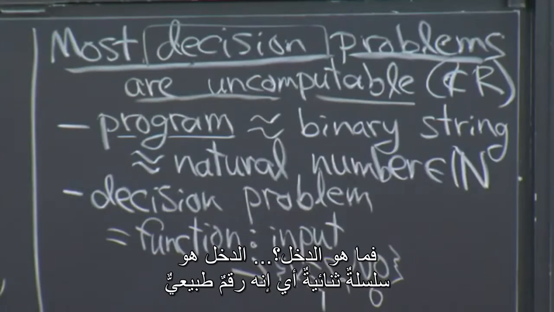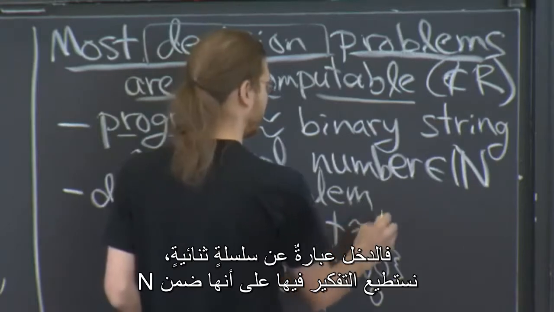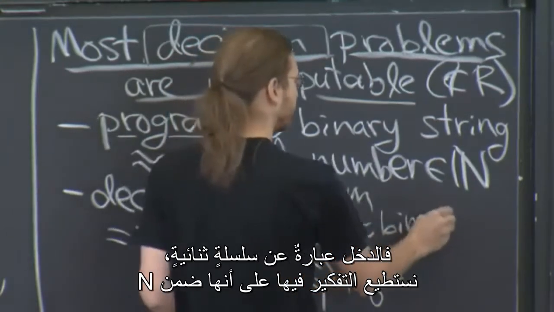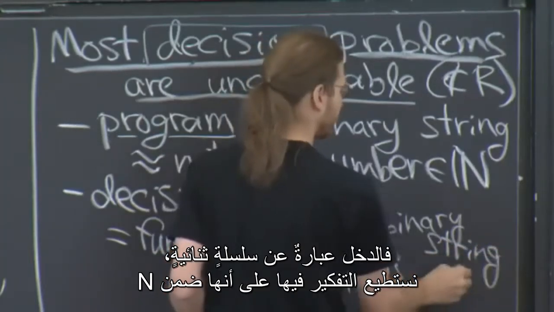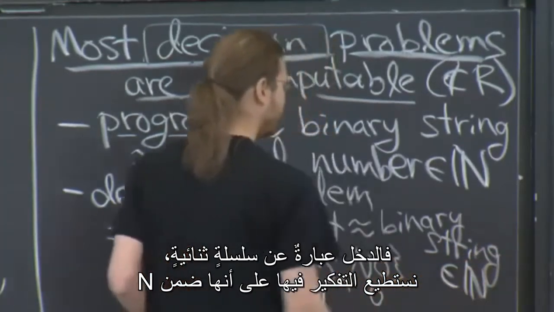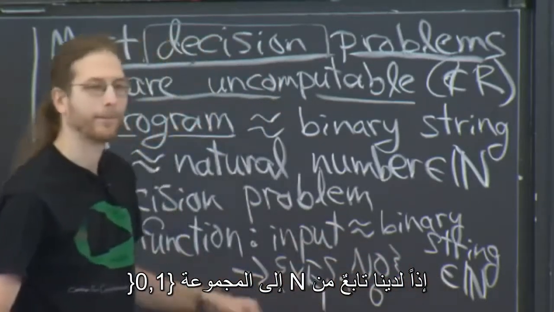So what's an input? Well, an input is a binary string. So an input is a number, a natural number, which we can think of as being in N. So we've got a function from N to {0, 1}.